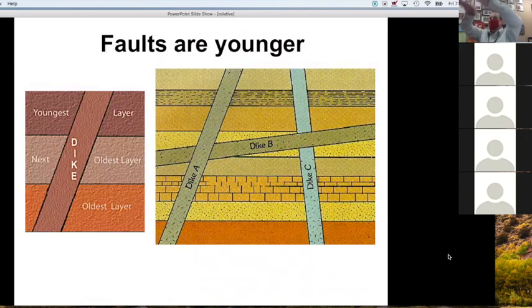If we have a fault, a crack, or something that goes across, that is young, right? If I have A, B, and C, which one is the oldest? It's C, because it's on the bottom, and B goes on the top, and A goes on top of that. We just stack them up.